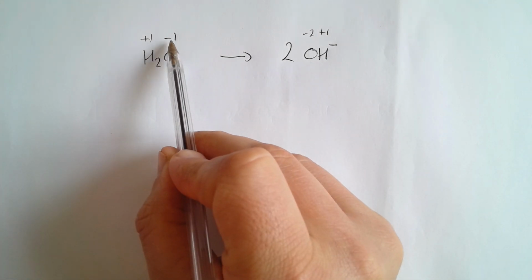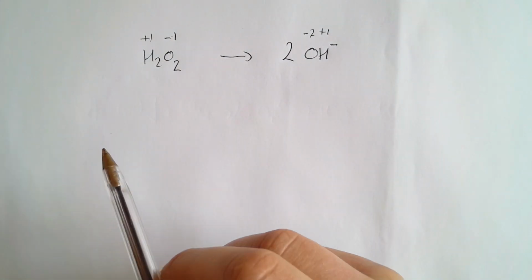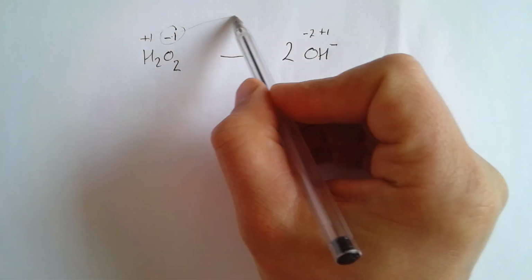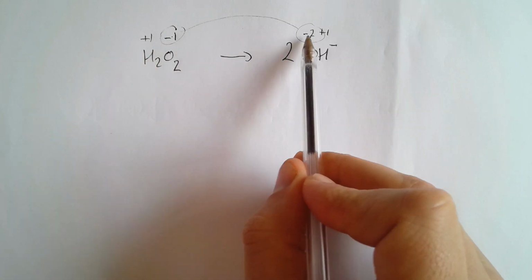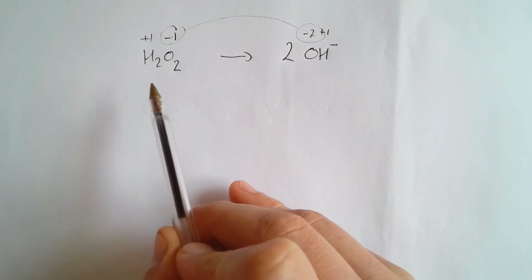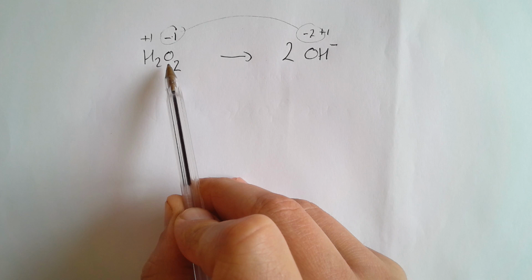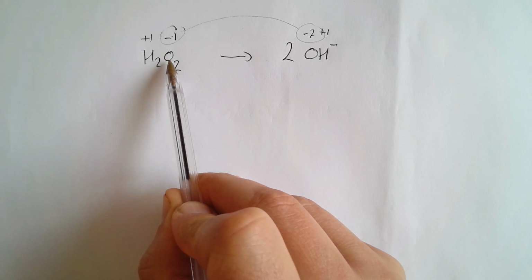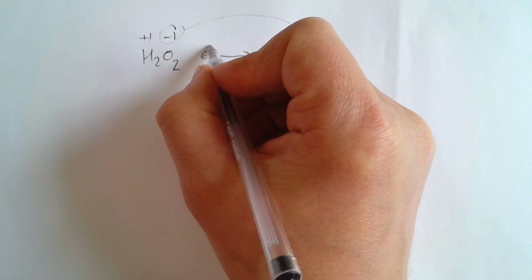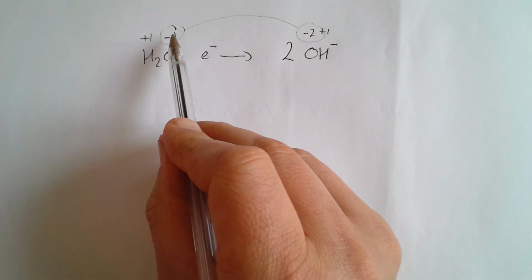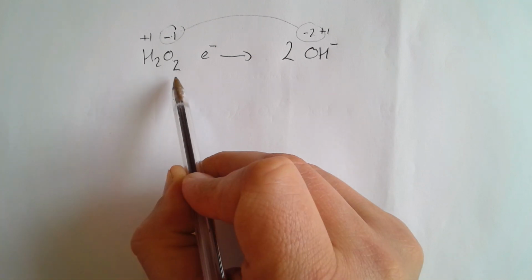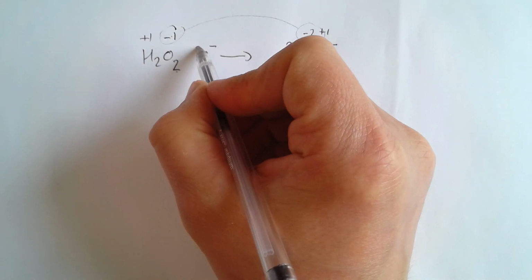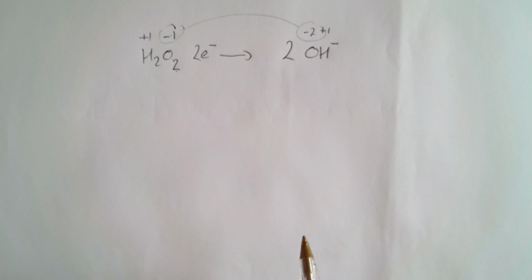If we are going to go from a -1 to -2 oxidation state, from here to here, well, we are reducing this substance here. We are adding electrons to this substance here. So we need electrons. -1 to -2, 1 electron per mole of oxygen, 2 moles of oxygen, therefore we need 2 moles of electrons for this to happen.